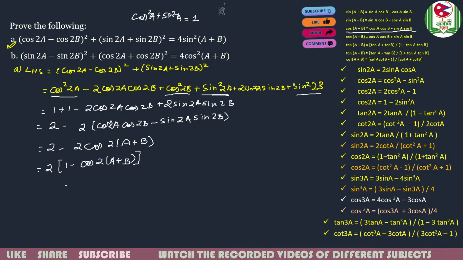Again you have to think one thing, that is 1 minus cos 2a. We have to prove this with sin square, so we will use this formula: 1 minus cos 2a equals 2 sin square a.